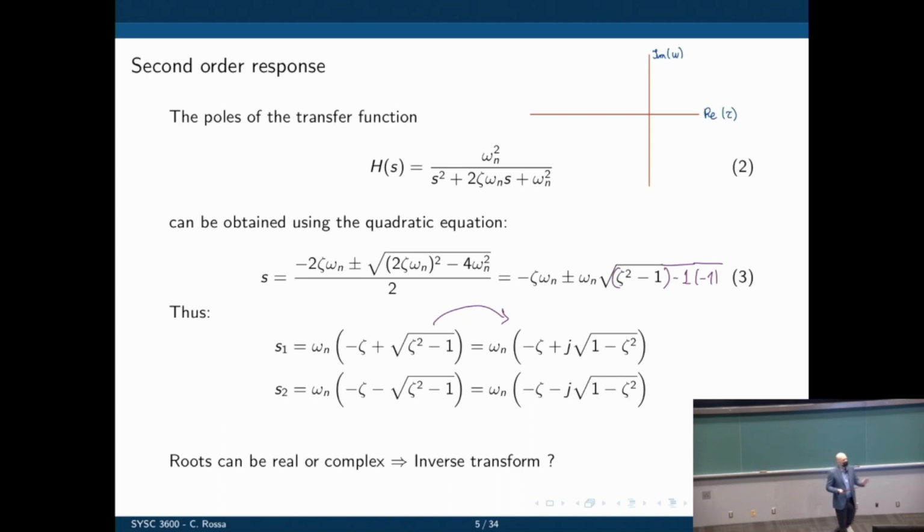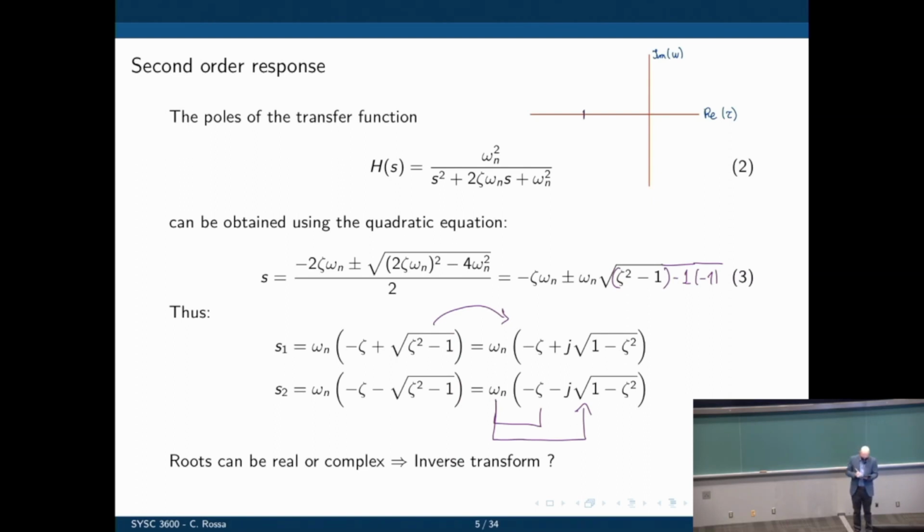The reason I'm presenting the second one is that you can clearly see here the poles now may have a real and imaginary part. The real part is omega n times zeta, negative omega n times zeta. And the imaginary part is omega n times the square root of 1 minus zeta squared. So these poles can now be placed on the S-plane as having both a real and imaginary component.